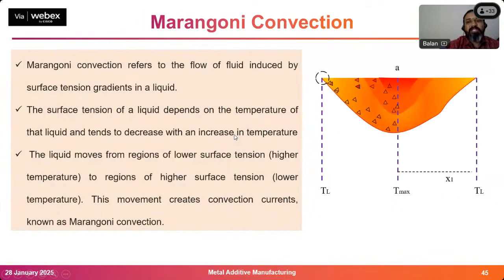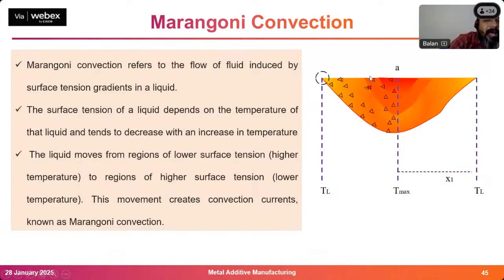I will show here. This is called the Marangoni current. The melt pool temperature at the core is very high, and the melt pool temperature at the edge is very low. Because of this change in temperature, and hence in surface tension, your material tends to move like this. It makes the particles inside the melt rotate.